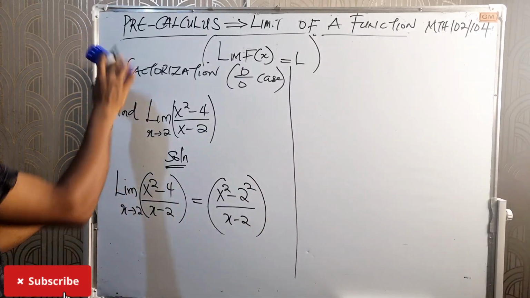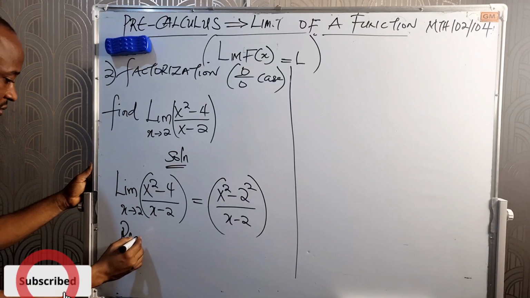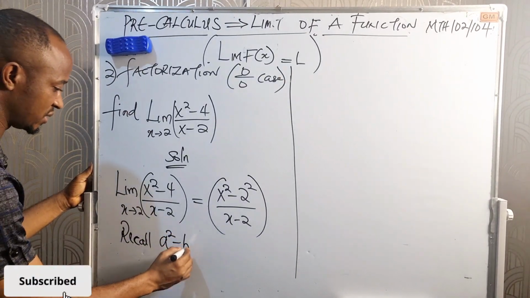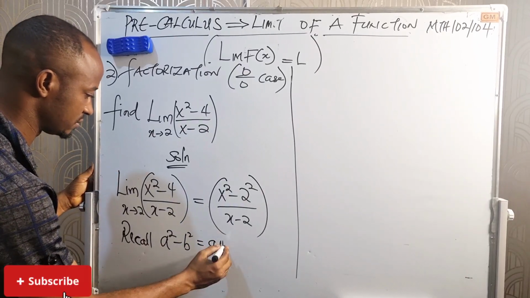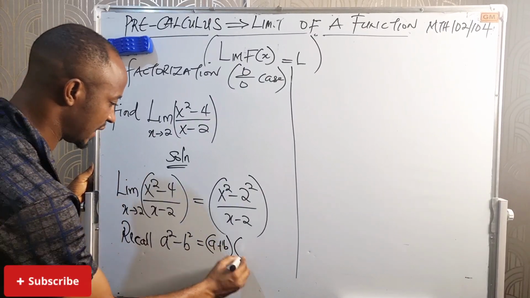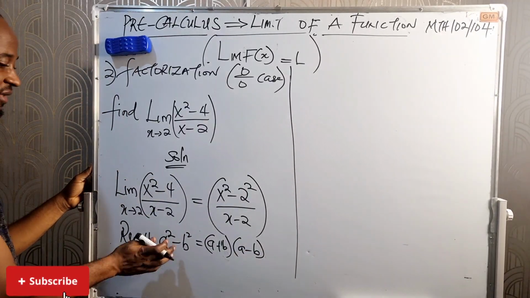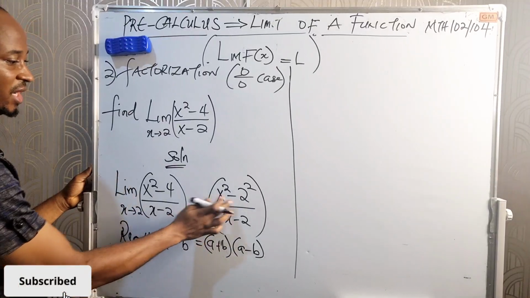There's a rule called the difference of two squares. Recall that the difference of two squares says a squared minus b squared is equal to a plus b times a minus b. Meaning if we have a squared minus b squared, the rule says this is the expansion.